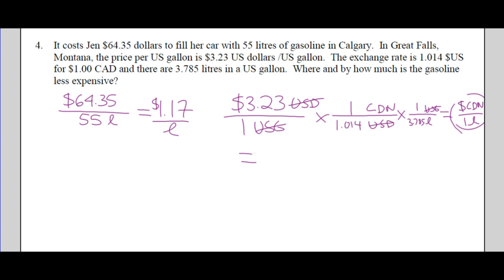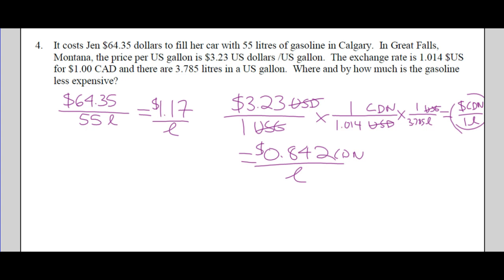Either one. So I'm going to do this times this, 1.014 times 3.785. And I get 0.8415. Let's call it 0.842. So that's 0.842 Canadian dollars per liter.